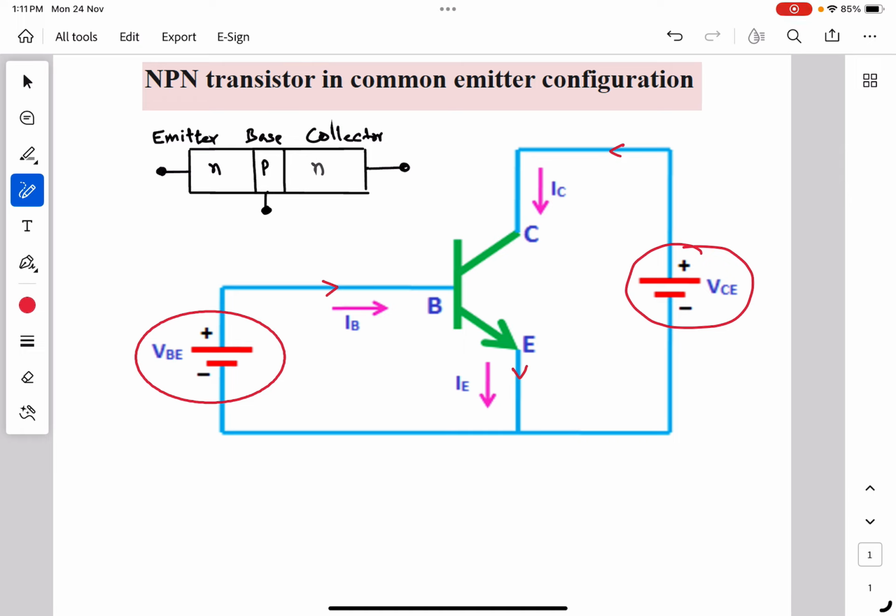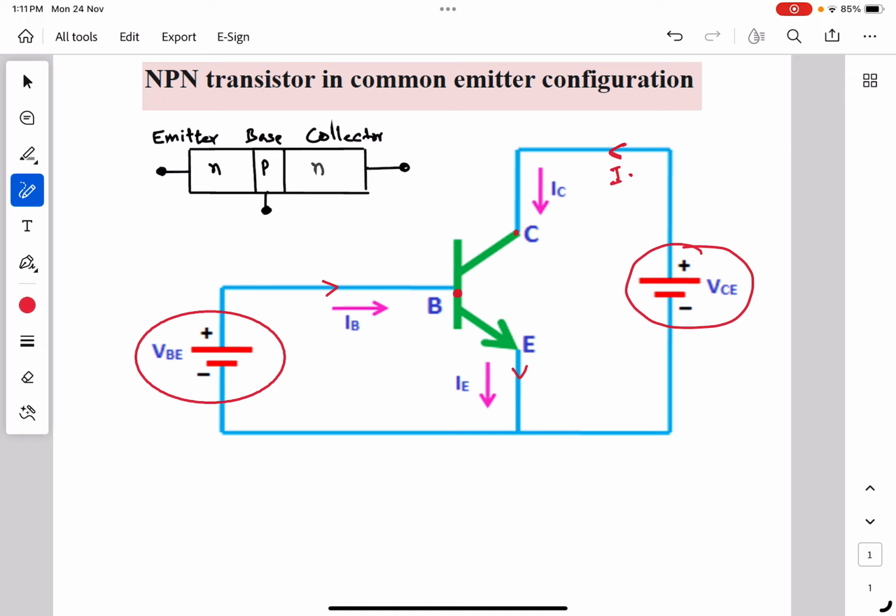Since emitter base junction is forward biased, a large number of electrons tries to push themselves into the base, and since base is thin and also collector is kept at a positive potential due to the battery VCE. Therefore, most of the electrons, around 95% of the electrons, are able to cross over the collector, and therefore current flows into the opposite direction.